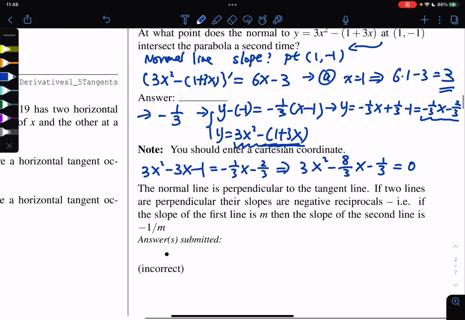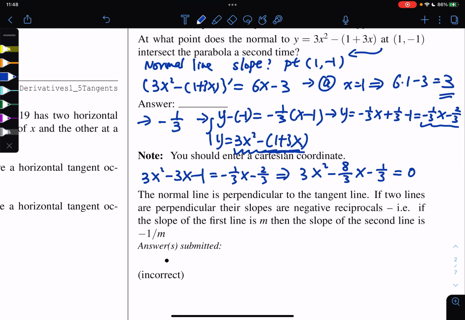This is a quadratic equation, so you can use the quadratic formula to solve it. But also, I know that this point, x being 1, is one of the intersecting points between the normal line and the curve. So x equals 1 makes this equation true. Therefore, x minus 1 must be a factor of it.